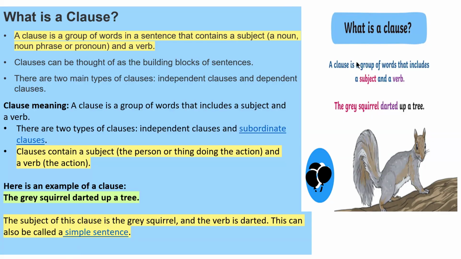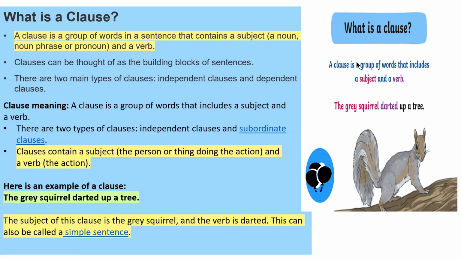The subject should be either a noun, pronoun, or noun phrase. So clauses can be thought of as the building blocks of sentences, just like we say the cell is the building block of life. We cannot frame any sentences without taking the help of clauses.